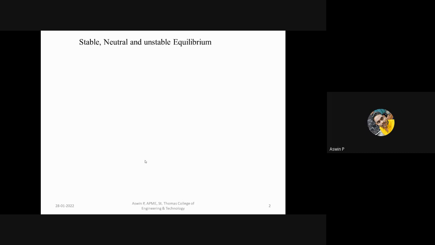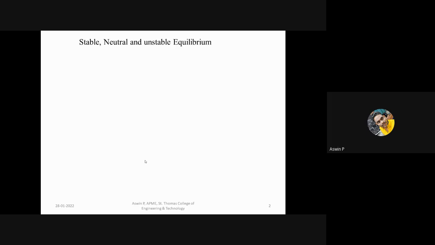Write "Equilibrium of column" as the heading, and below it write: there are three types of equilibrium, namely stable, neutral, and unstable equilibrium.